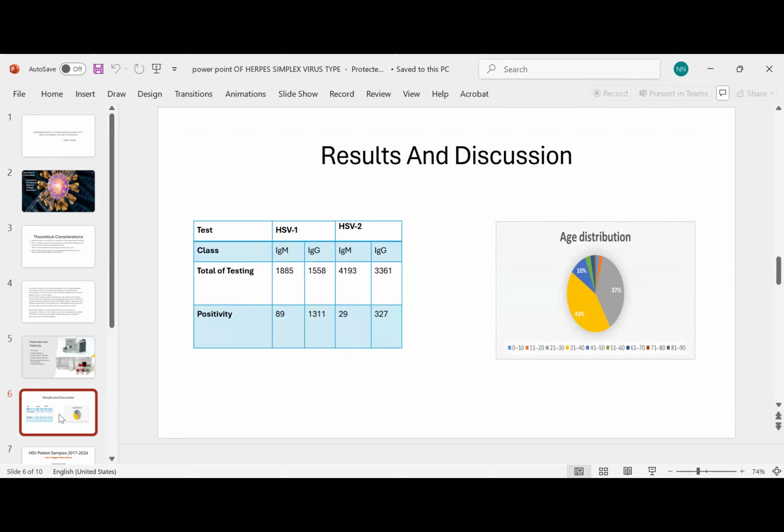This is also the age range where individuals tend to have multiple partners compared to older age groups, which increases transmission risk. Children are commonly infected with herpes simplex virus 1 through non-sexual contact, such as kissing, shared items, and exposure from caregivers.